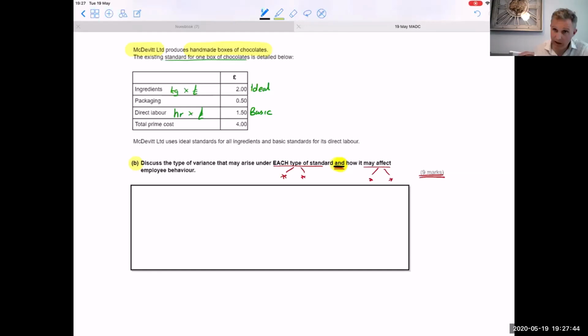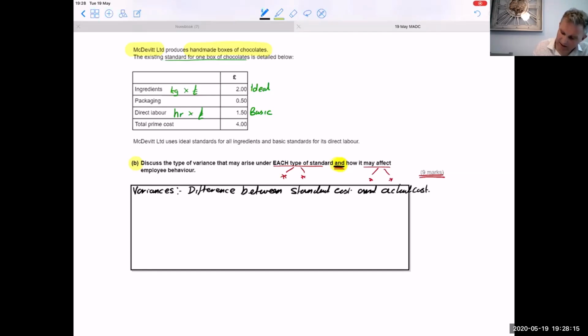So first of all, variances. We come up with a very brief explanation of what a variance is to set the scene. Well, all a variance is, it's the difference between standard cost and actual cost.